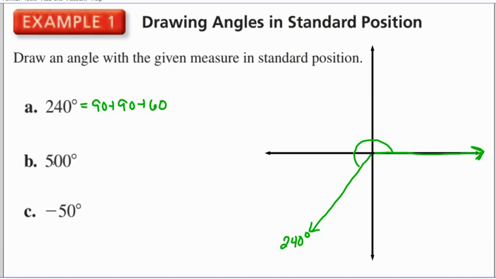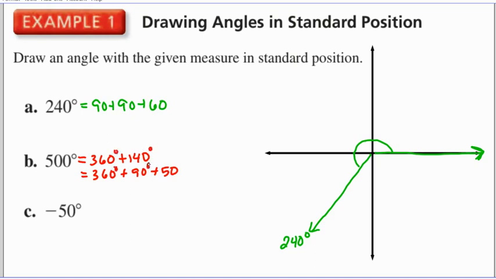Let's do this angle that is 500 degrees. Now, 500 degrees is more than 360. So that means I'm going to go around my circle once and then keep going. So I'm going to go around 360 degrees. If I subtract 500 minus 360, I can break the rest of that up. That's going to be 360 plus 140. Okay, 140 is a little bit more than 90. I could say that this is 360 plus 90 plus another 50 degrees, right?